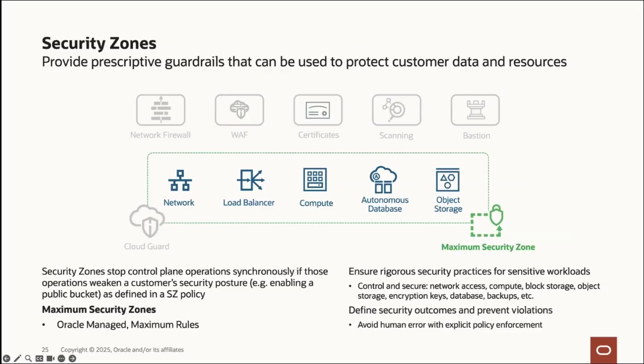If you try to create a public bucket in a security zone that has that policy that forbids the creation, the user would get an error message, right? This would be used to explicitly deny public buckets from being created. So this is one of the tools that Oracle gives you that acts like a preventative guardrail to help mitigate the risk of human error within your environment.